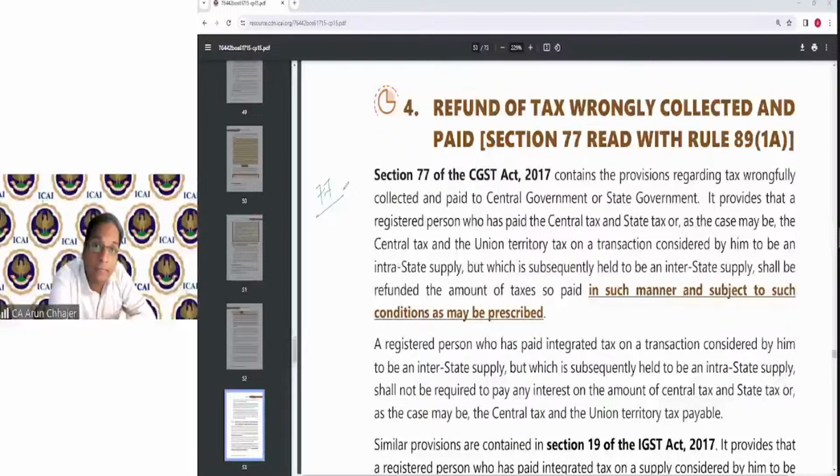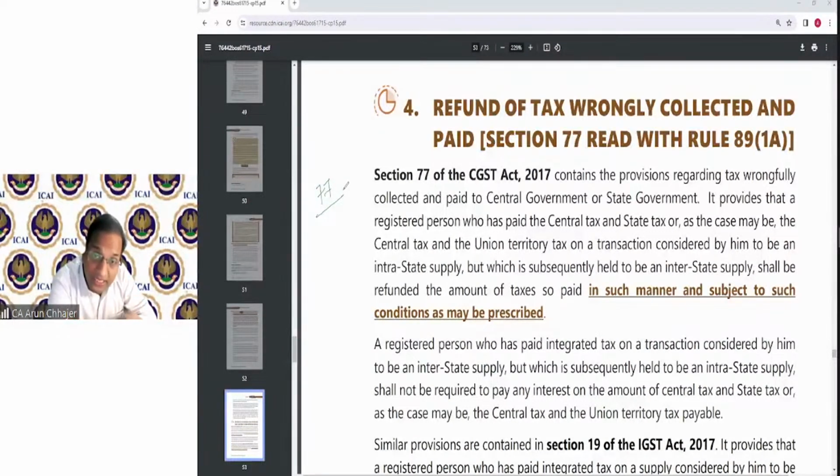Subsequently, I myself found, or the department found, it has been noticed that it was an intrastate supply. Then section 77, read with section 19, says that pay the correct tax now, that is C plus S, and take the refund of the wrong taxes.